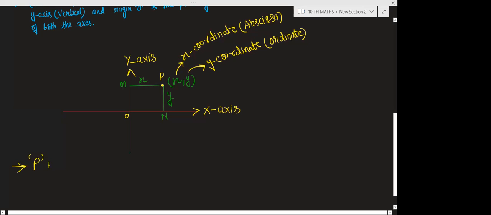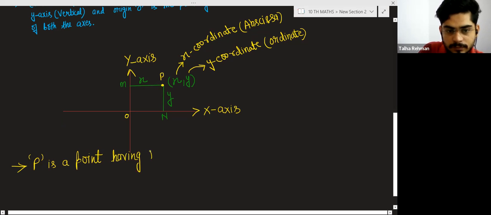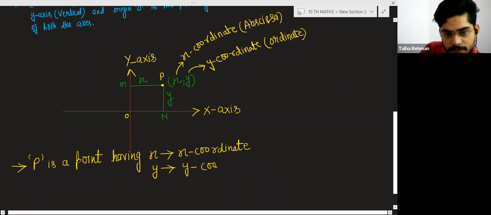P is a point having x as x coordinate, y as y coordinate, and x coordinate is the distance PM.